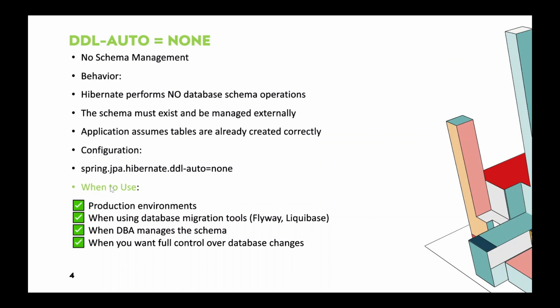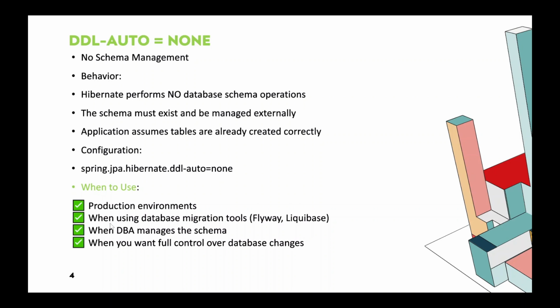So when to use it? At the production level, we will use none, because if you have different values here, the application is trying to create tables and modify tables. It's a kind of risky operation. So for production, always use none, unless you know the exact change and how it's going to impact.